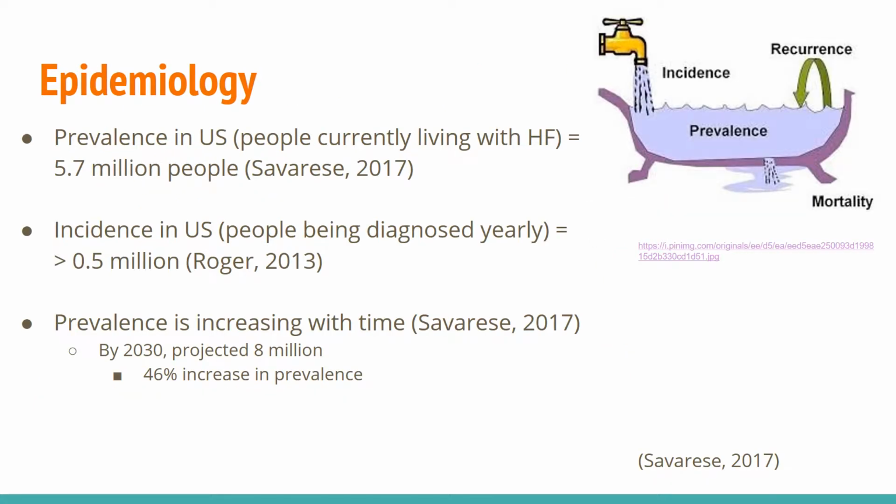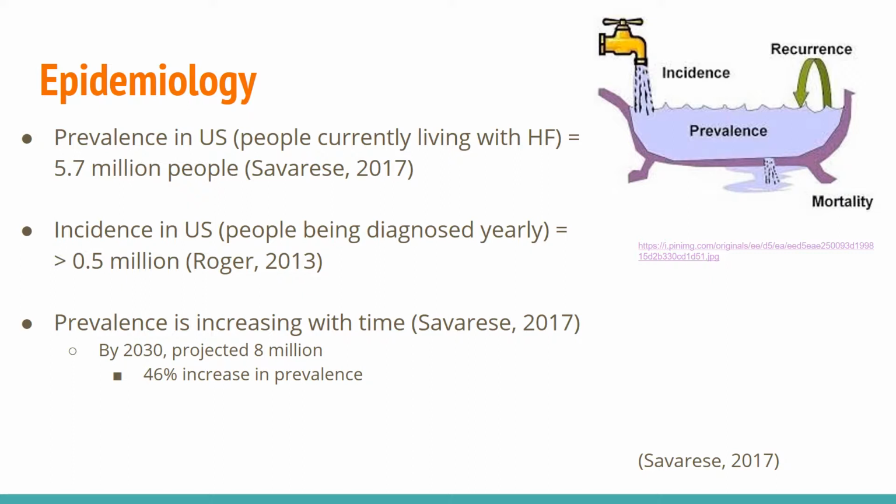As a quick recap of epidemiology, epidemiology is made up of incidence and prevalence. Prevalence is going to represent the number of people in a certain area who currently have the disease. Incidence is going to represent the number of people being diagnosed with the disease every year. So if we were to use the analogy of a bathtub, a faucet with water coming out of it is a lot like incidence.